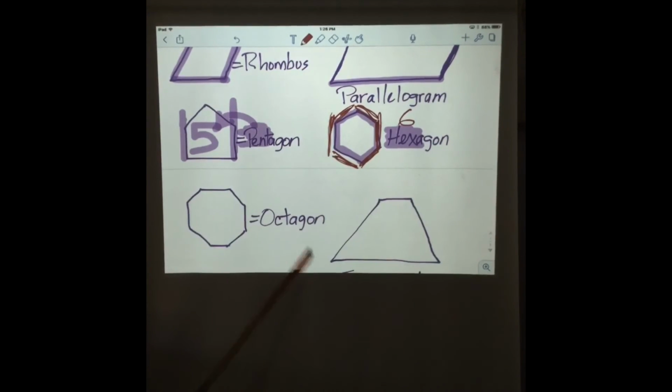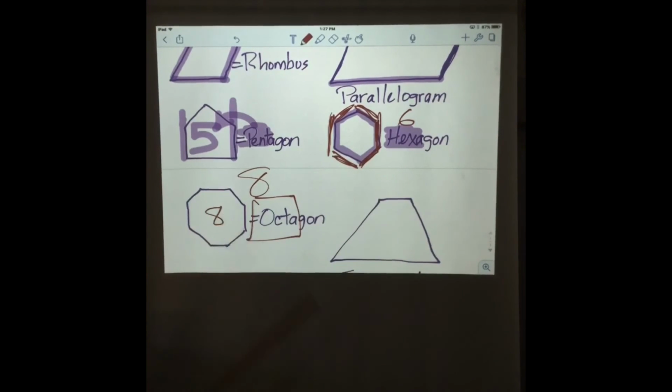What about octa? What does that mean? 8. Octa means 8. So, is it a polygon? Yes, because it has many sides. Is it a quadrilateral? No, because it doesn't have 4 sides, it has 8.